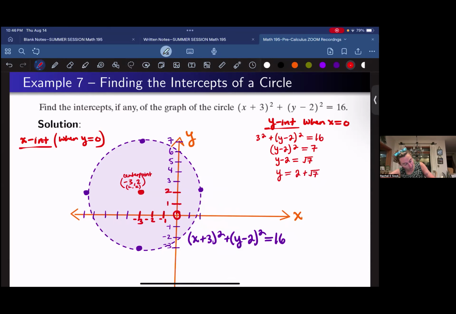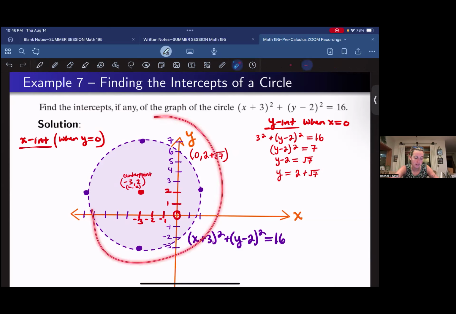So as a coordinate point, it's going to be 0, comma, 2 plus square root of 7, which probably is really close to 6. Let me calculate it for you guys. Not so close. It's about 4.64.